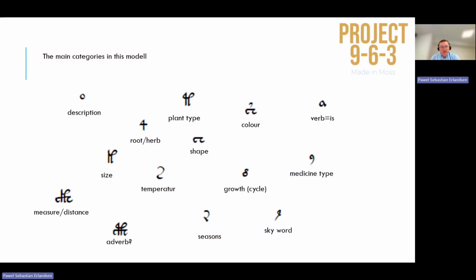I have tried to find how they seem to work, and I have given them a category name. This is also important because in this model, when you have identified a category like description, it will open up the next grammar pattern further down into the words and the text.